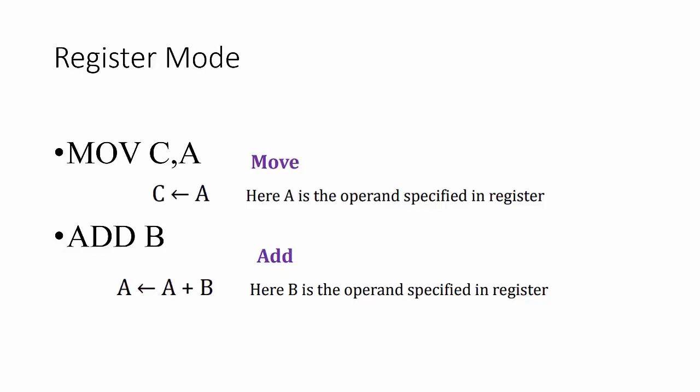That's why ADD B represents that whatever contents are present in the accumulator will be added by the operand B, and whatever result is generated will be stored in the accumulator register.